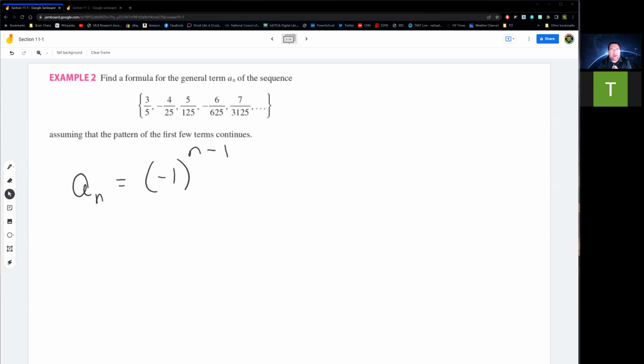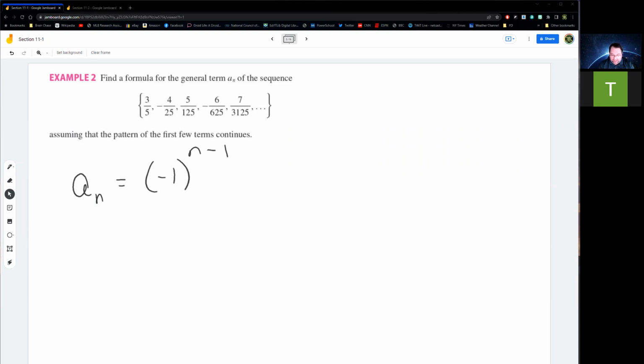We want to make sure that the first one in this case is going to be positive and the next one's going to be negative. So anything to the 0 power would be 1, so that first one's going to be 1. If I plug in 2, I'm going to get -1 to the first power, which will give me a negative. So that's going to give me the correct direction there.